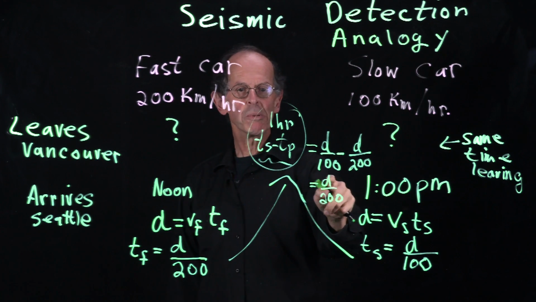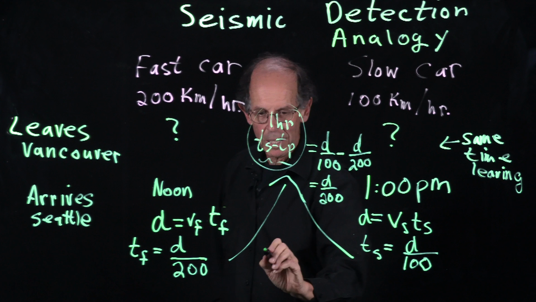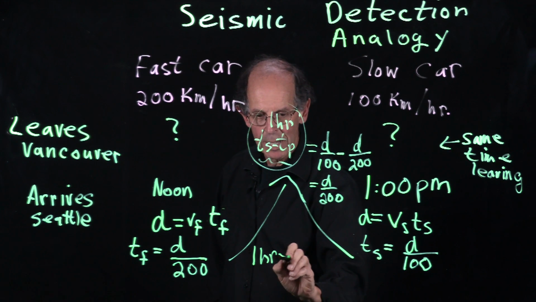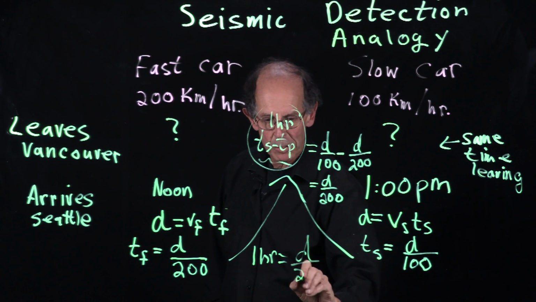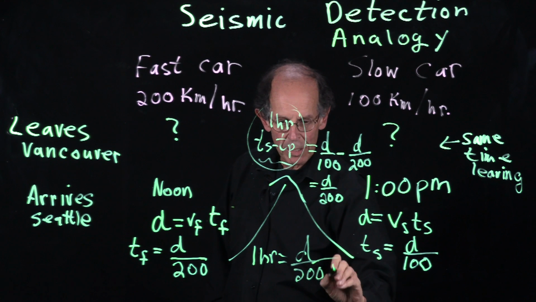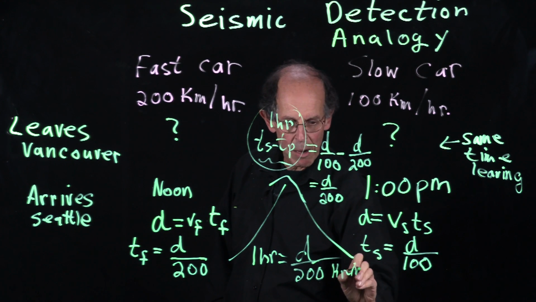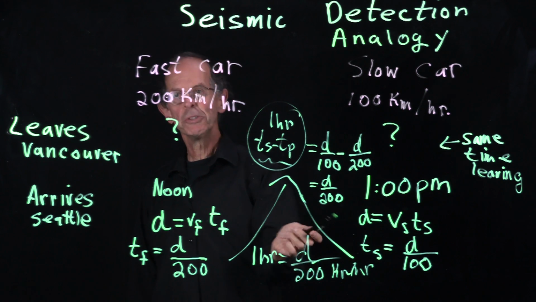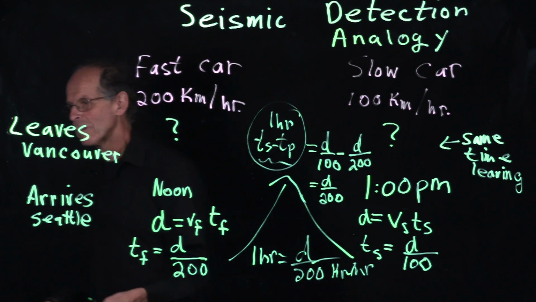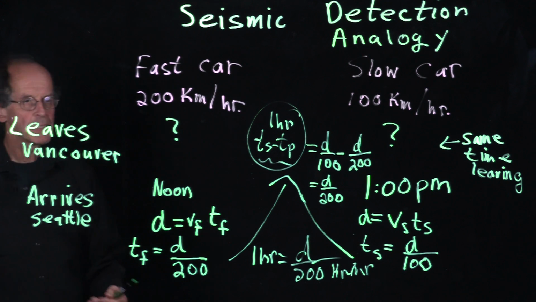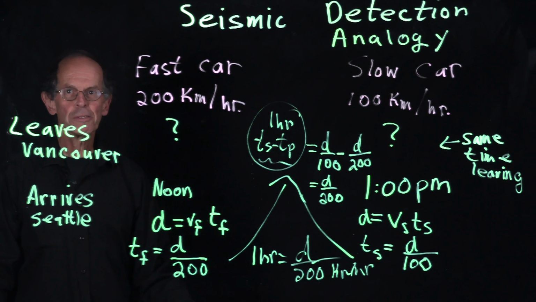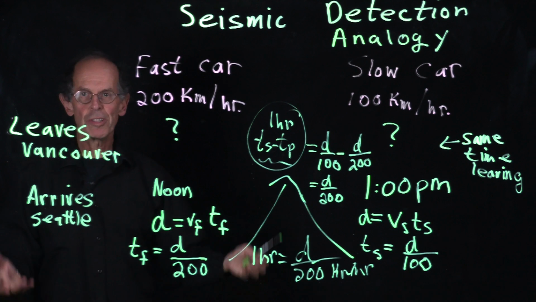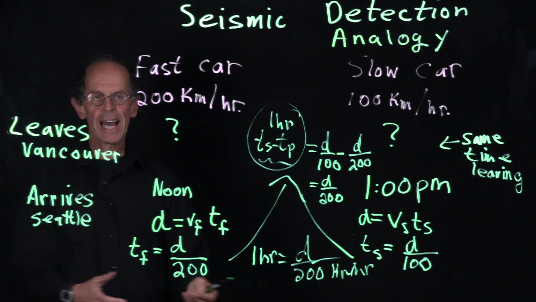So if I multiply both sides by 200, I get 1 hour is equal to D over 200. Now, kilometers per hour. If I multiply by 200, I get 200 kilometers per hour for 1 hour is a distance of 200 kilometers, the distance from Vancouver to Seattle.